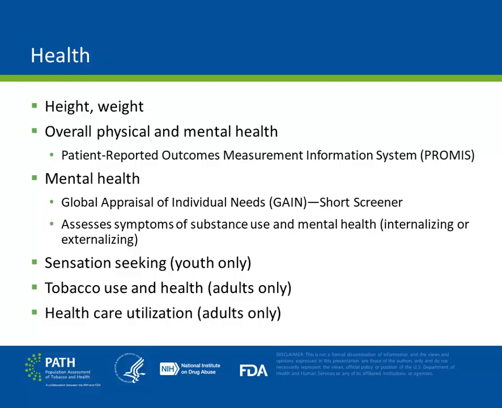There are questions about the respondent's perception of tobacco use on their own health and questions about whether their healthcare providers advised them to not use tobacco. Only youth are asked about sensation seeking and only adults are asked about tobacco use and healthcare utilization.